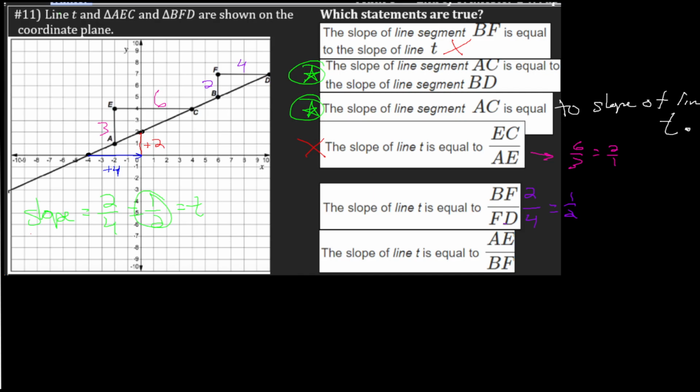So I'm actually going to select this one as well, the fifth choice. And then lastly, for this one, it says AE is 3 and BF is 2, which is not what we're looking for because we're looking for 1/2. So make sure you have those 3 selected and those other 3 crossed out.